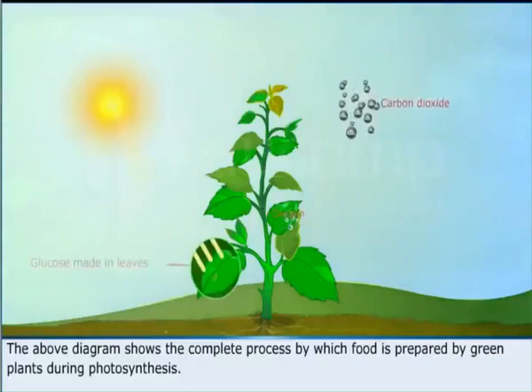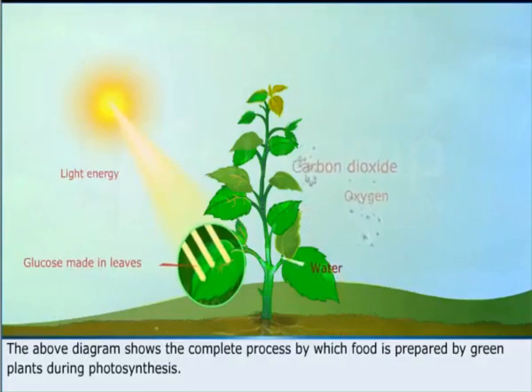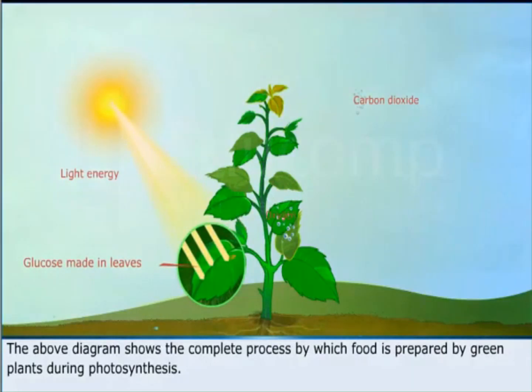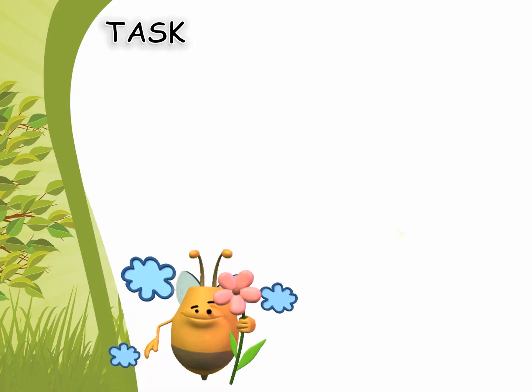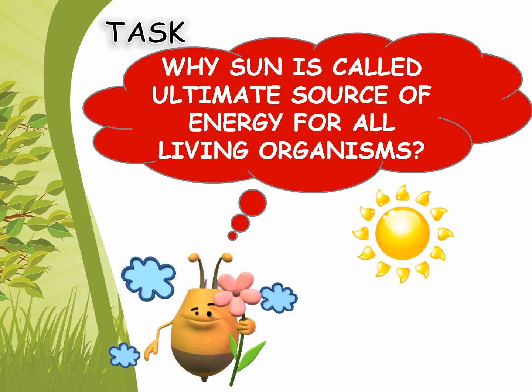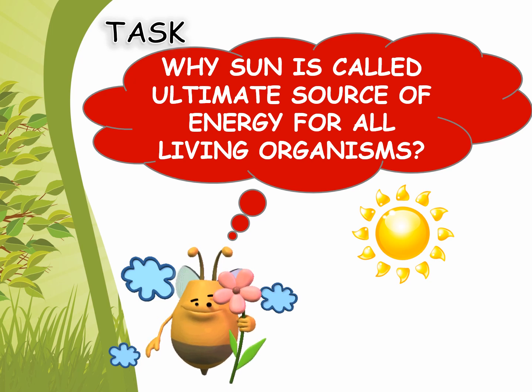The above diagram shows the complete process by which food is prepared by green plants during photosynthesis. Now you have to find out why the sun is called the ultimate source of energy for all living organisms.